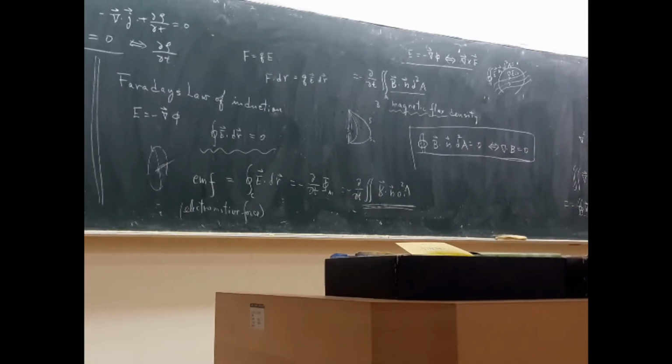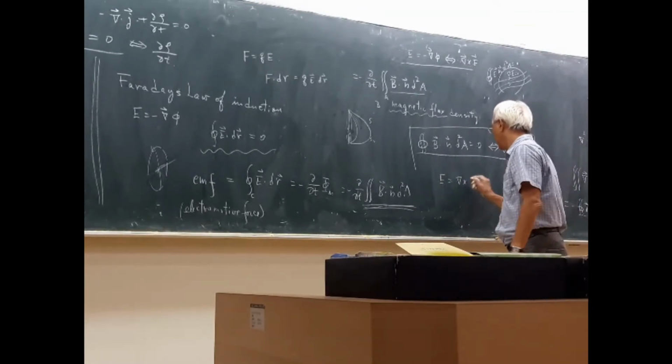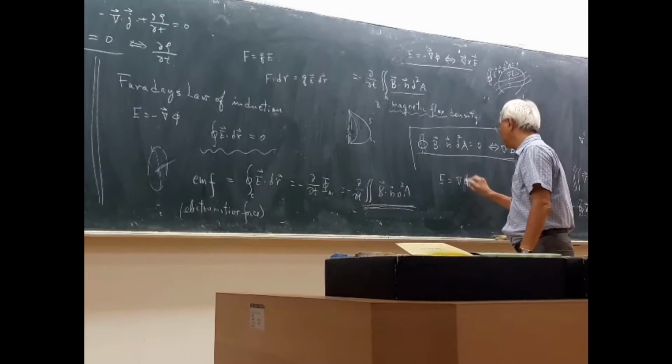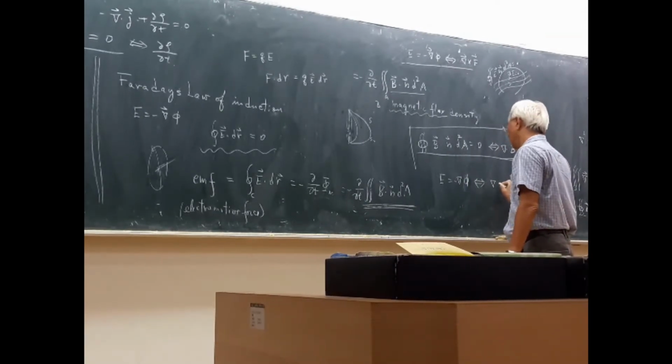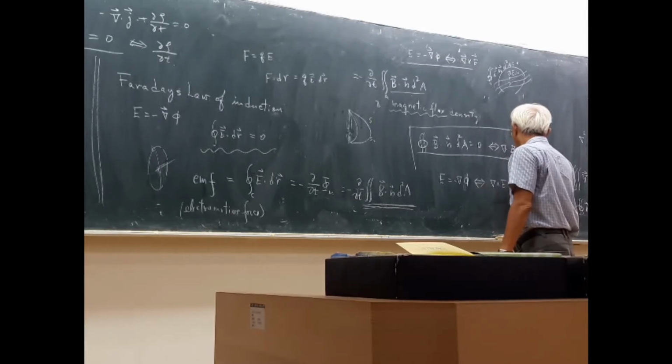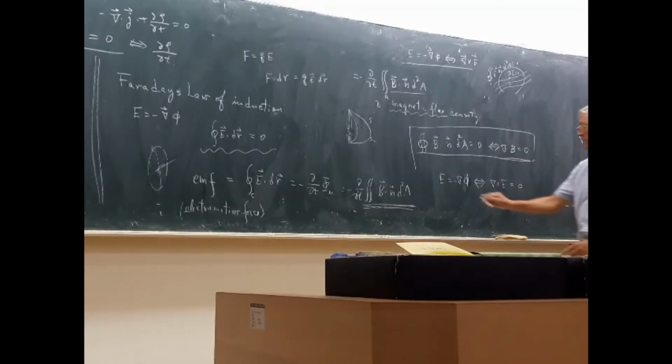Now, we have E equal to minus gradient phi, which implies divergence of curl E equals 0. This is the same thing.